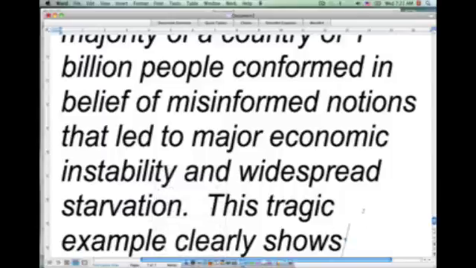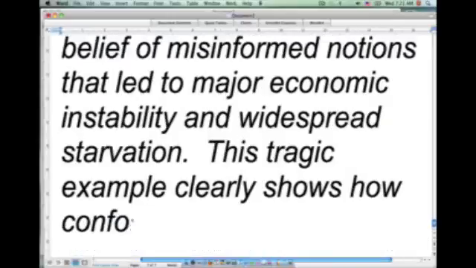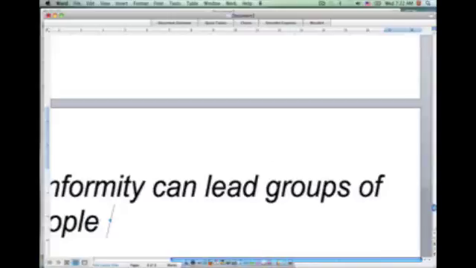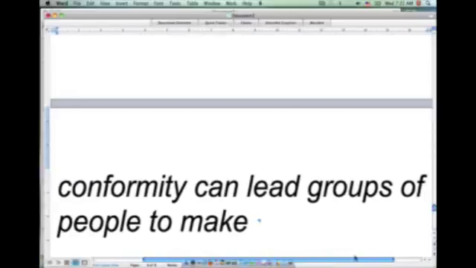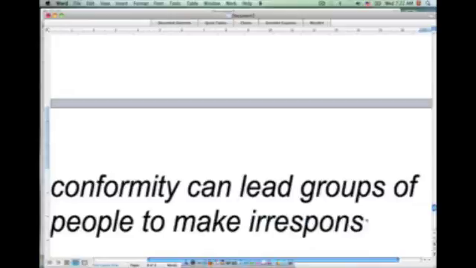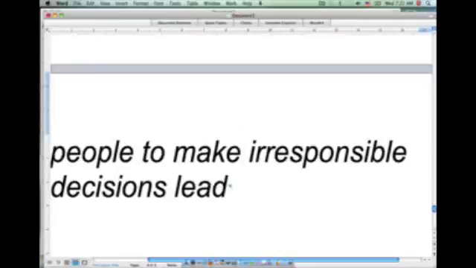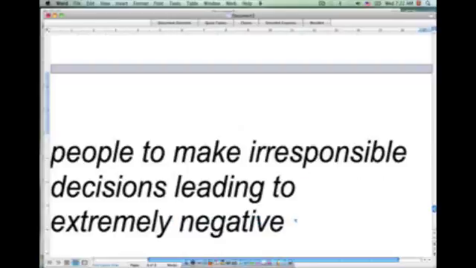Okay, clearly shows how conformity can lead groups of people to make irresponsible decisions, leading to extremely negative consequences.